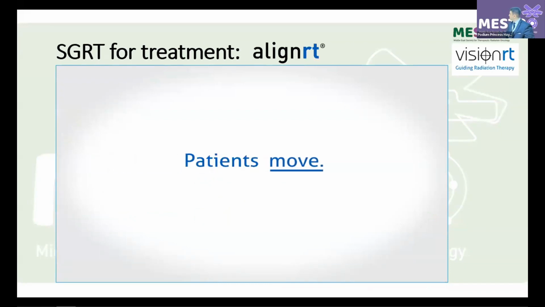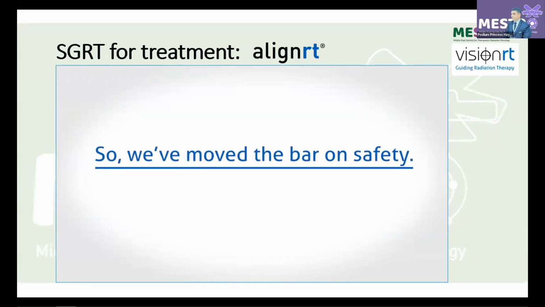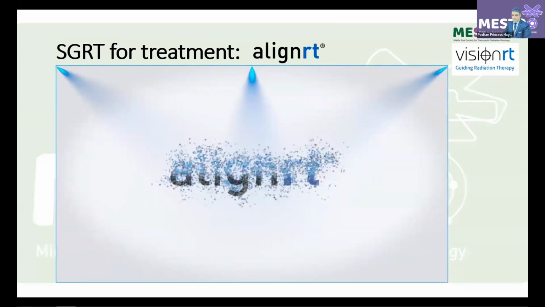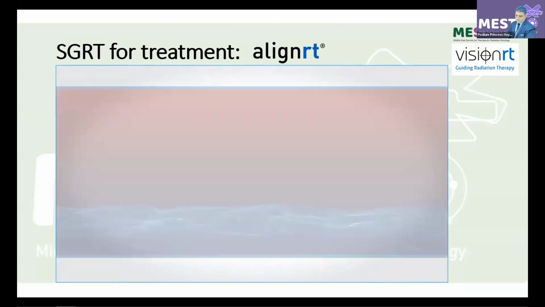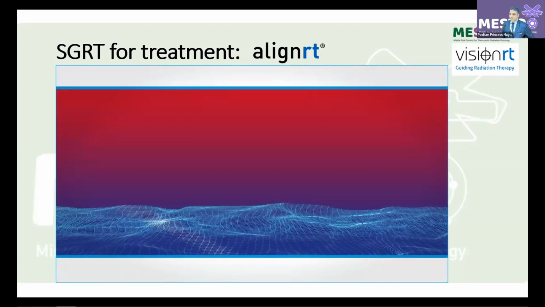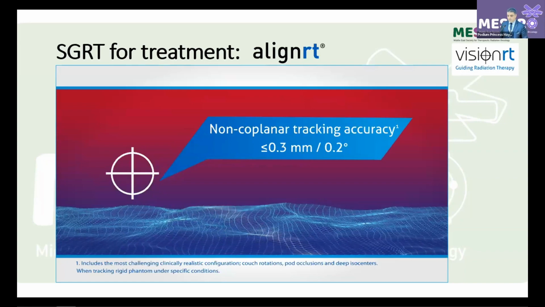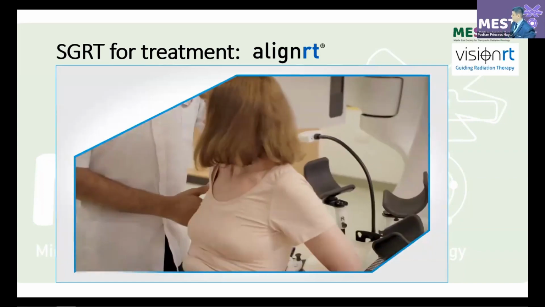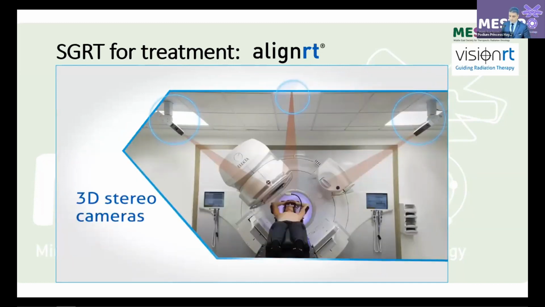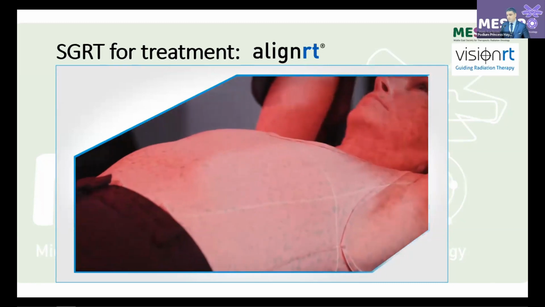Patients move. So we move the bar on safety. AlignRT uses surface imaging to track the patient's position in real time with sub-millimetric accuracy. From initial setup through treatment, 3D stereo cameras project a pattern on the skin surface, creating several thousand reference points.